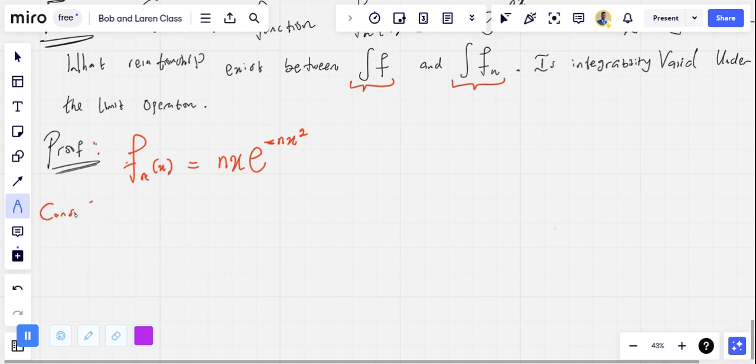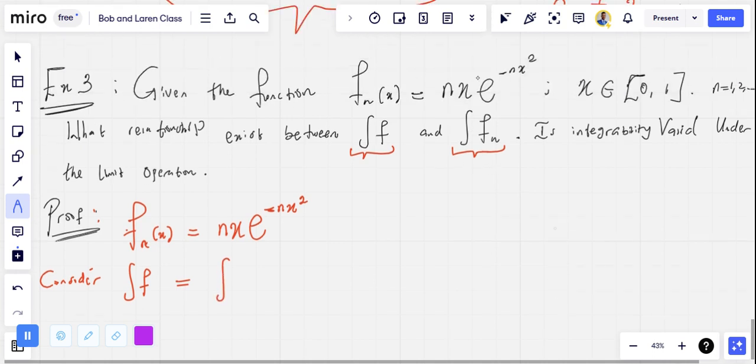So considering the integral of f, which can be written normally as the integral of, we already have our range of x as a member of 0 to 1. So I'll write it as 0 to 1, and f itself can be written as f(x) dx. So this is how I want to start.